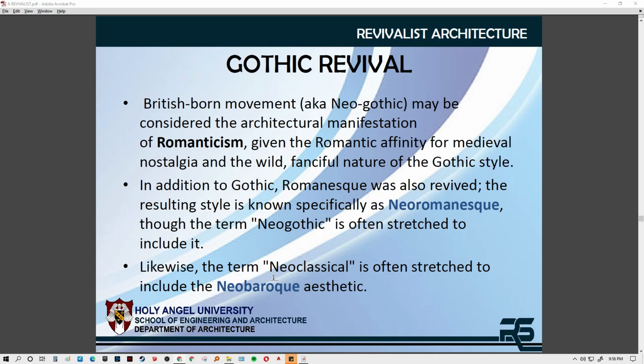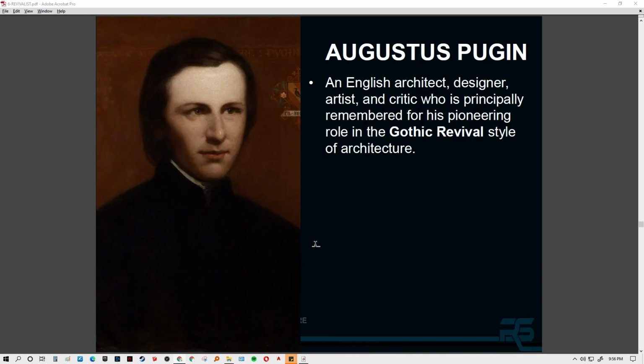Mostly of the Baroque architecture is rusticated style or rusticated finishes. If you can remember Augustus Pugin, he is one of the influencers of the Arts and Crafts movement. He's an English architect, principally remembered as pioneering the Gothic revival style.